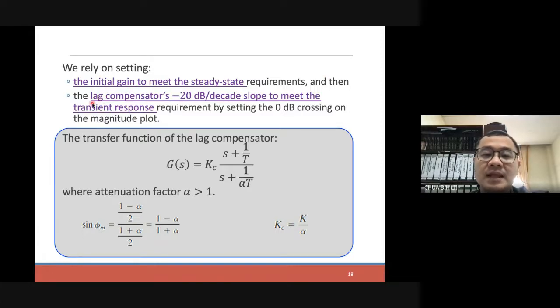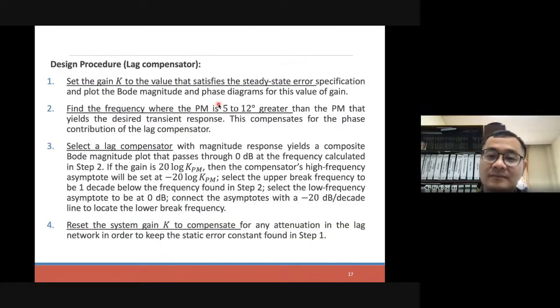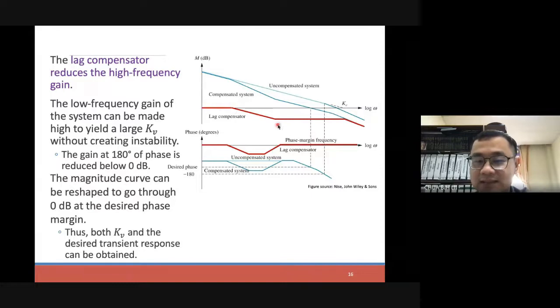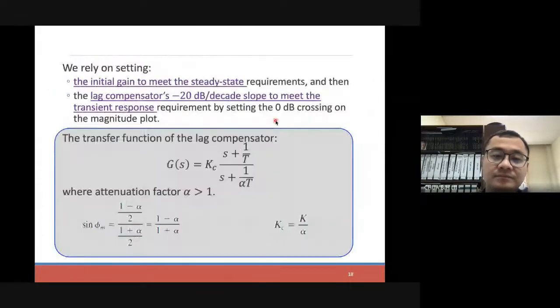Then the lag compensator contributes about minus 20 degrees; this is the characteristic of the lag compensator. We meet the transient response by setting the 0 dB crossing of the magnitude plot.